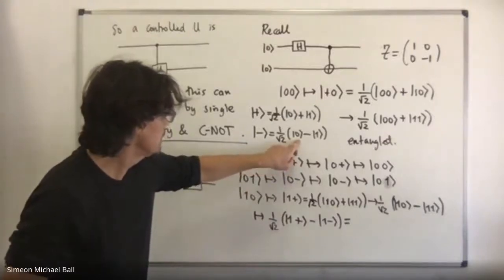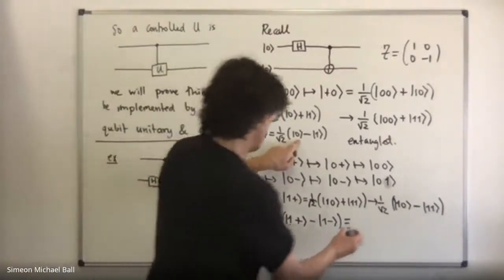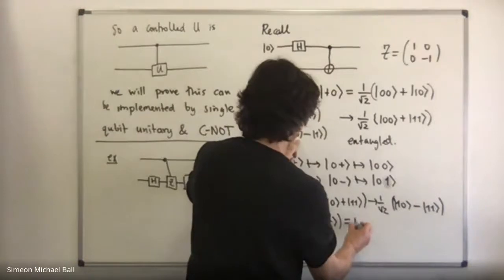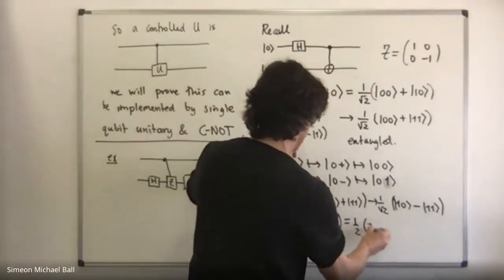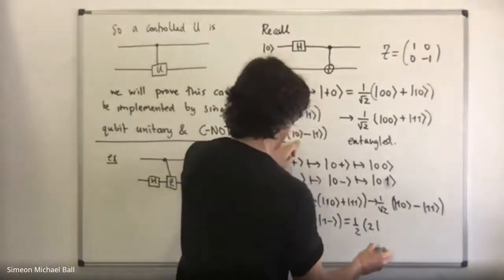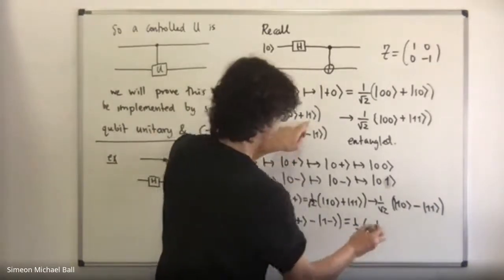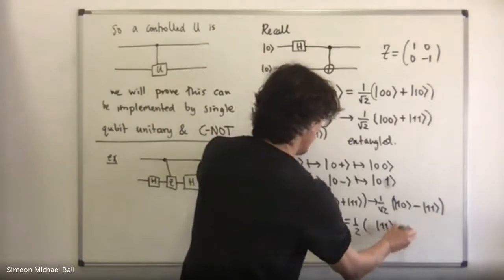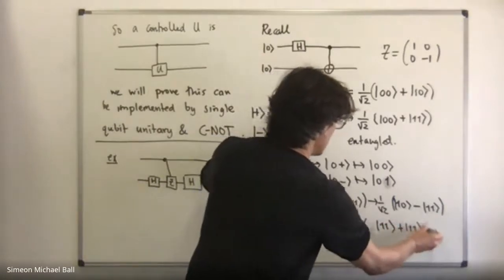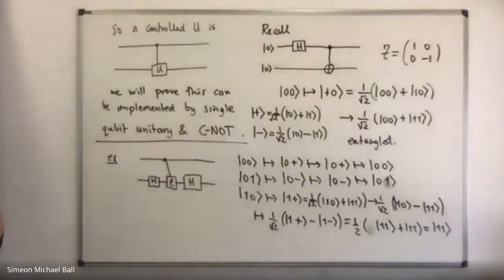It's going to disappear. And I am going to get 1 over 2 times 2. Here I'm going to get a 1,1. And here I'm going to get a 1,1 as well. So the answer, after all that, is 1,1.